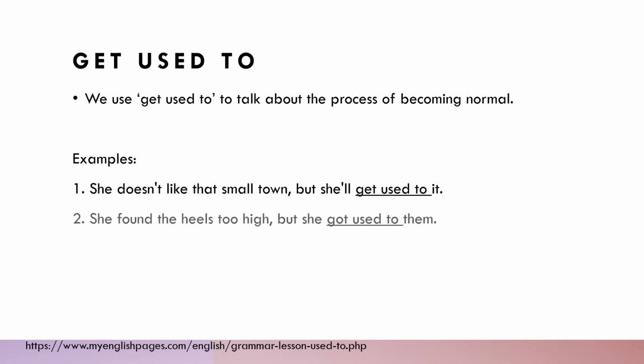Now let us look at the second example. She found the heels too high, but she got used to them. So now this lady is talking about the heels. At first for her it is too high, but she is in the process of getting used to wearing high heels. So she got used to them.